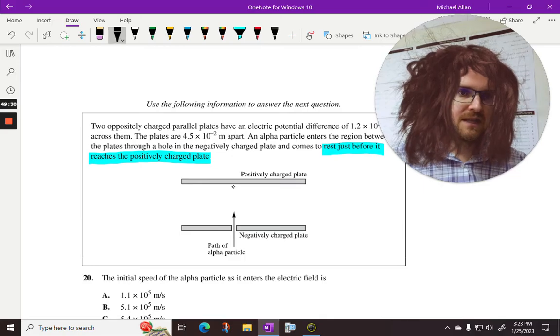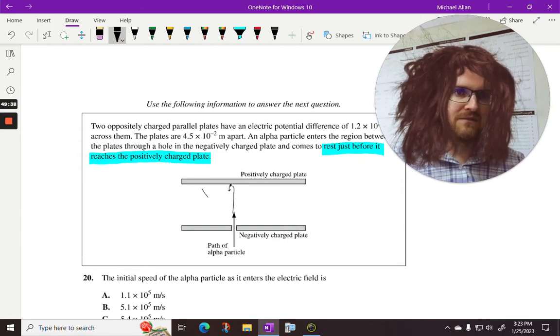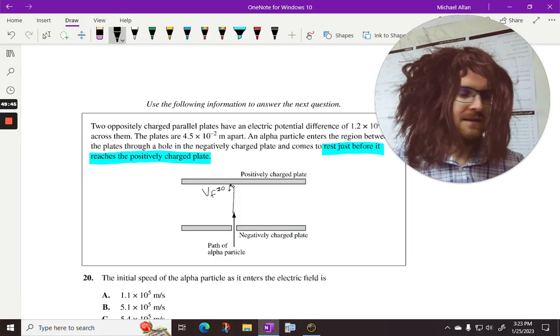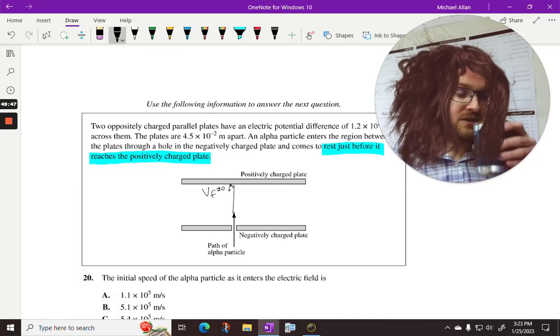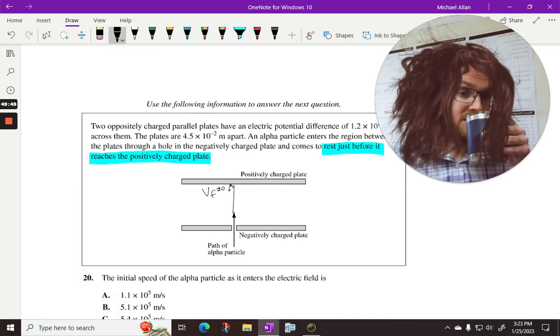So it's going to come in here, go really, really fast, then slow down, and then come back, accelerating backwards. But at the very top here, my VF is going to be 0. That's my speed, not my voltage. It's going to have the highest voltage, actually, because it's going to be where it doesn't want to be.